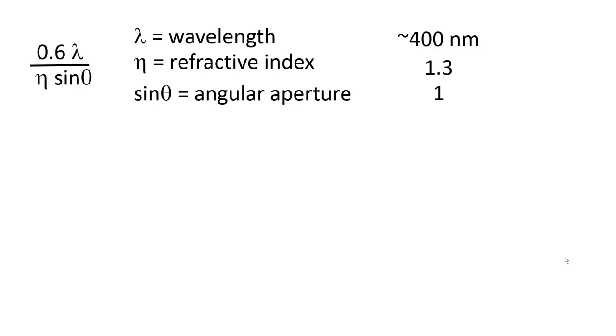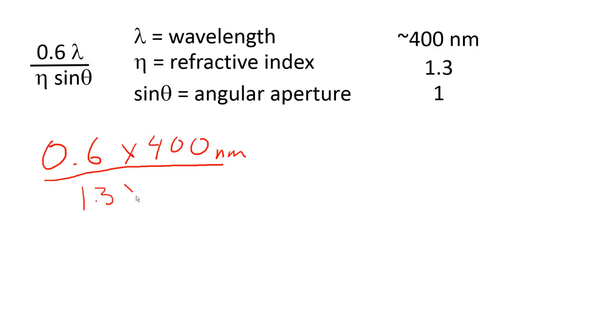So let's plug some stuff in here. We have 0.6. Our lambda value is 400 nanometers. I'll just go ahead and leave the units in there. Then we're going to divide that by an eta value of 1.3 and a sine theta value of 1. So this is the ideal. All of these are optimized the best you can possibly get with white light.